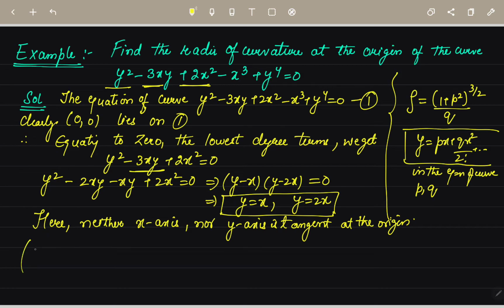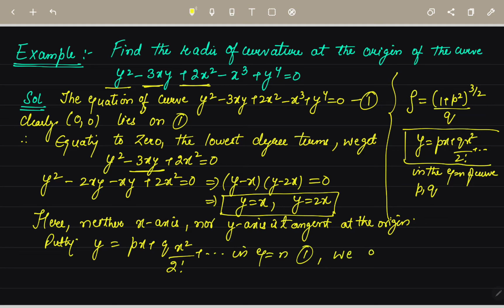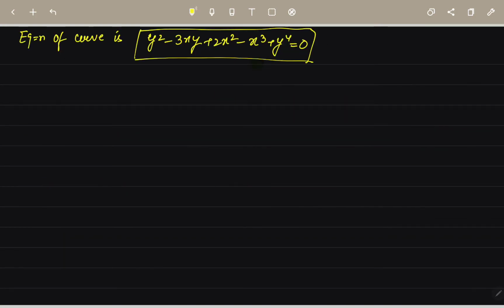So I will write, putting y is equal to px plus qx square by 2 factorial plus so on in equation first, we get, putting the value of y, y is equal to px plus qx square by 2 factorial plus so on.